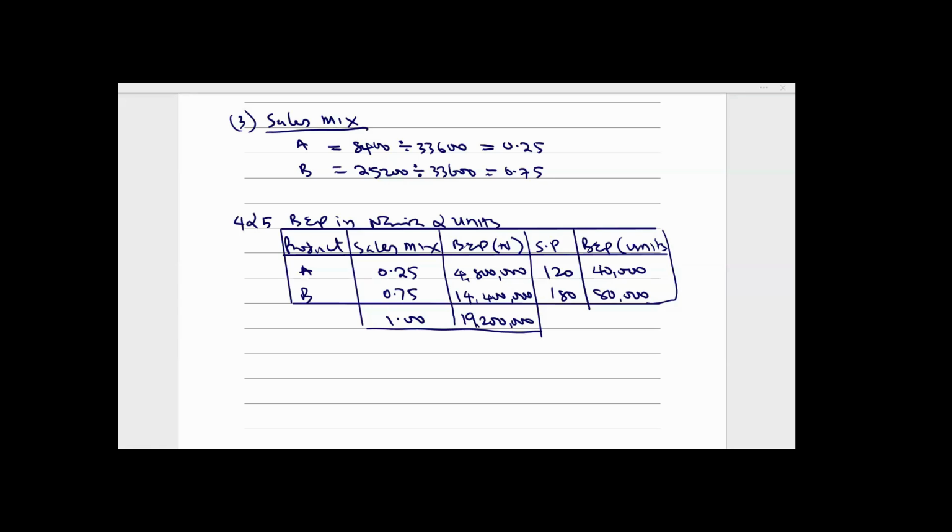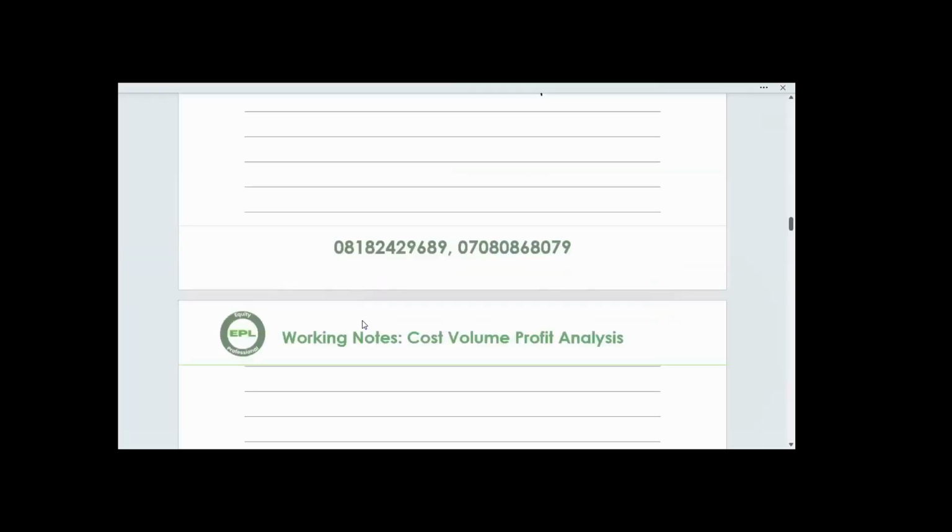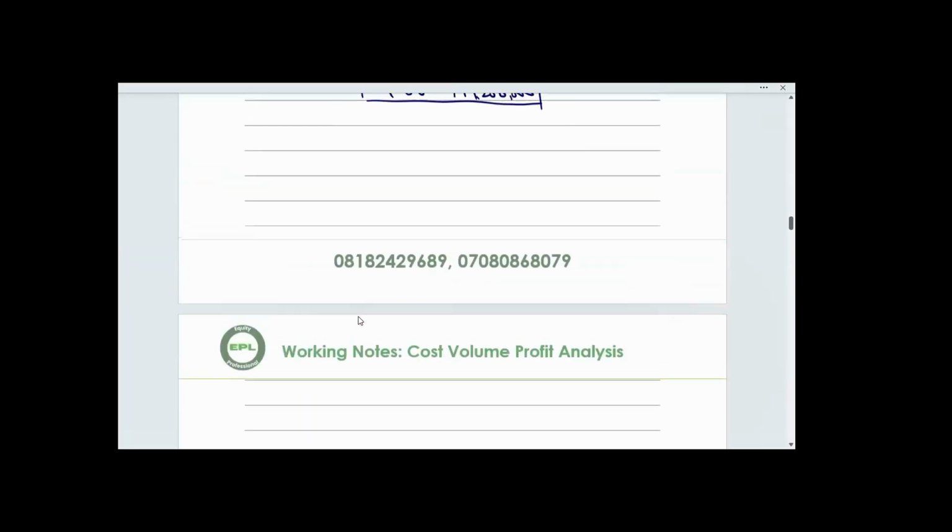That sales value, you don't know it. That's what you want to calculate. So since you don't know the sales value, you are going to use the known variable to get the unknown variable. So first thing first, you need to go and do your workings.